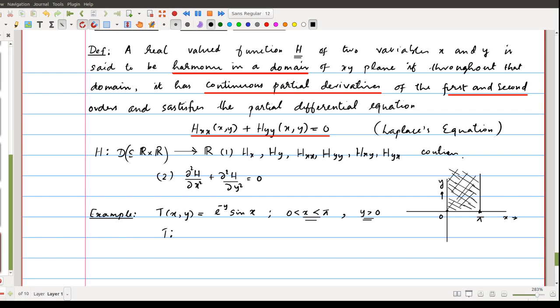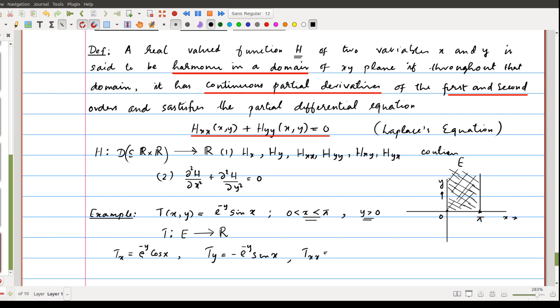If we call this E, then t is a function from E to R, a real valued function. Now we write the partial derivatives: tx is equal to e to the power minus y times cos x, since cos x is the derivative of sin x, and ty is minus e to the power minus y times sin x.